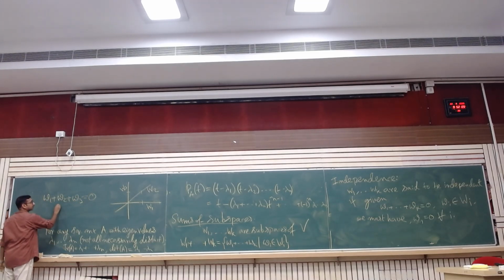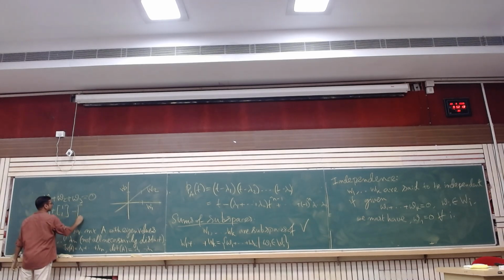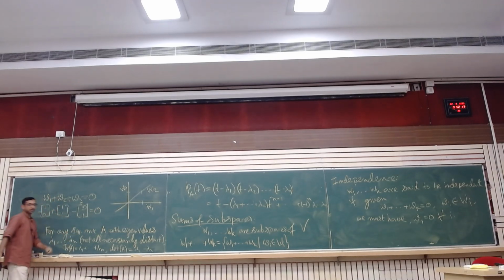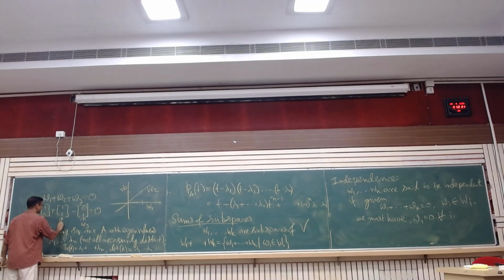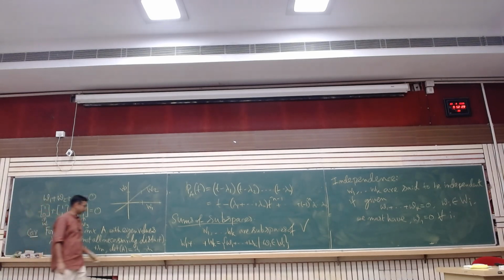You can take this one as say (1, 1), this one as (-1, 0), and this one as (0, -1). That's equal to 0, right? This is in W3, this is in W1, W2, and this is in W1. Okay, so that's what I just meant.